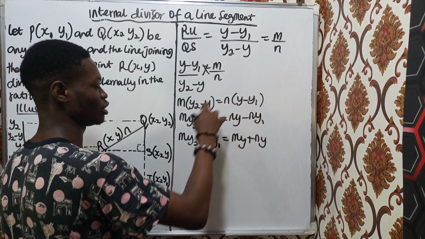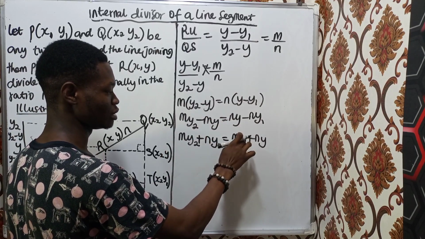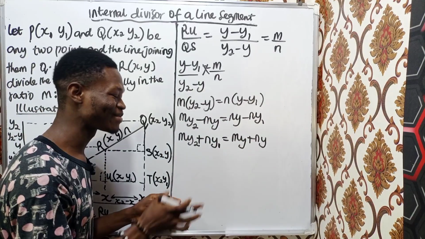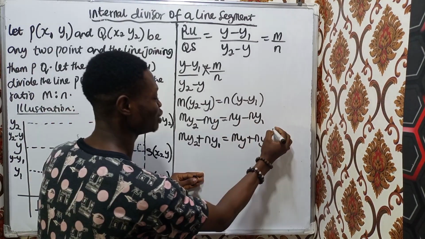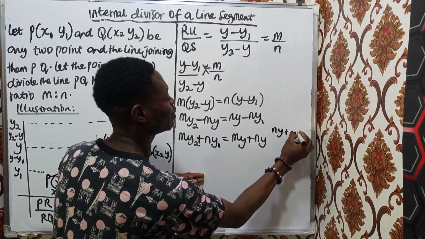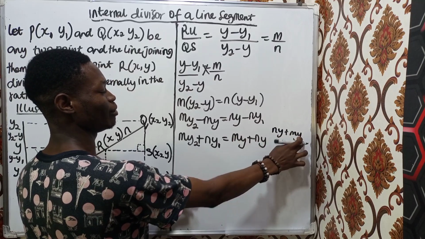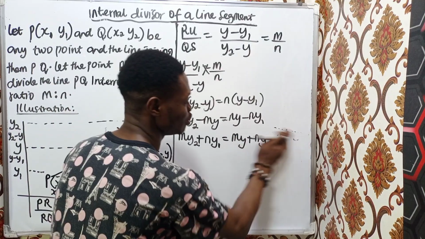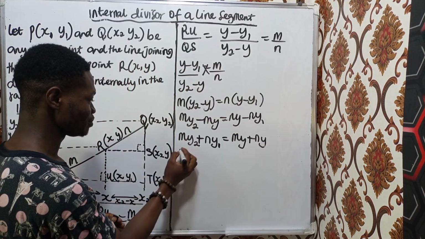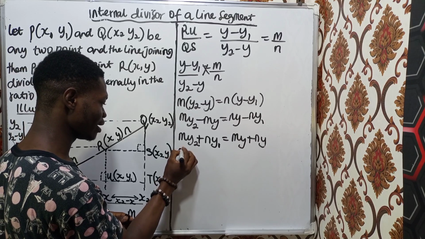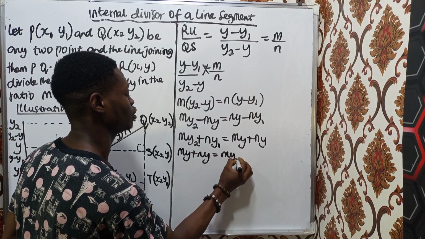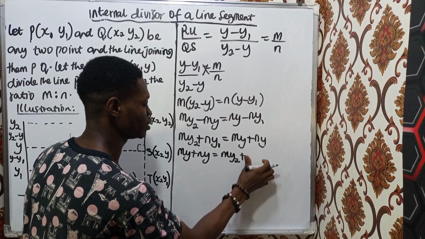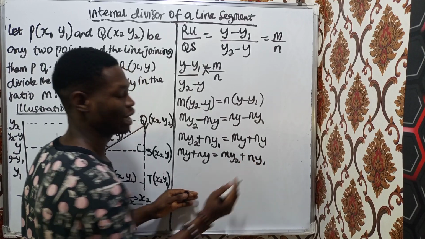This one coming here to be ny plus my. So you know addition is commutative. So I have my plus ny is equal to this plus this. I did not change anything.